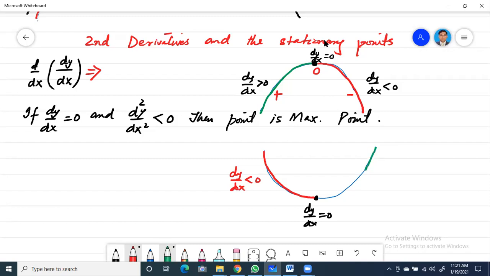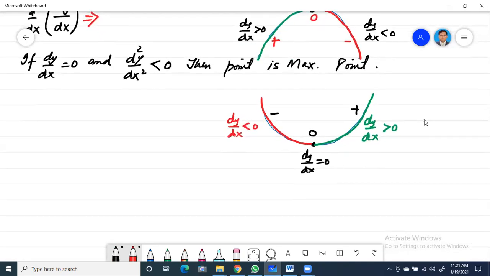After the turning point, on this portion of the curve, dy divided by dx will be positive. As here you can see the rate of change in dy by dx is from negative to 0 and then positive.